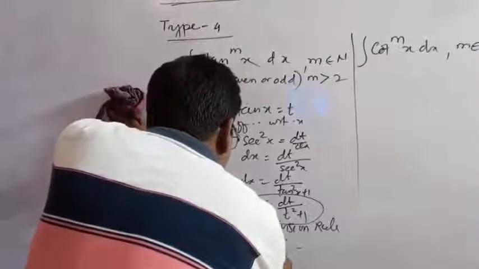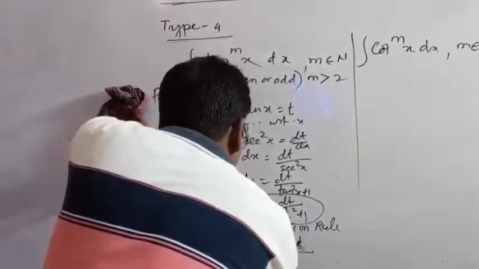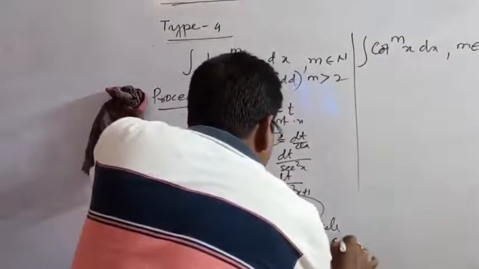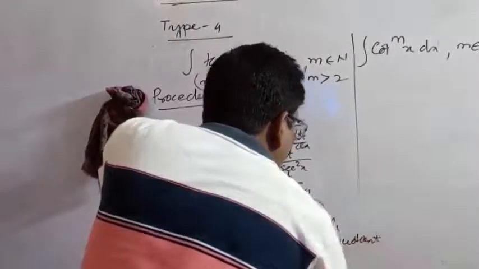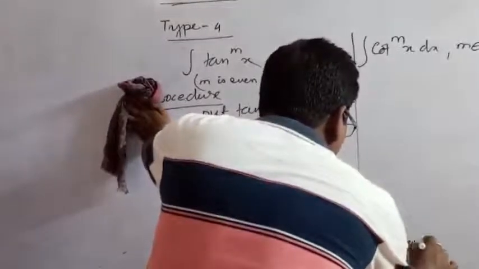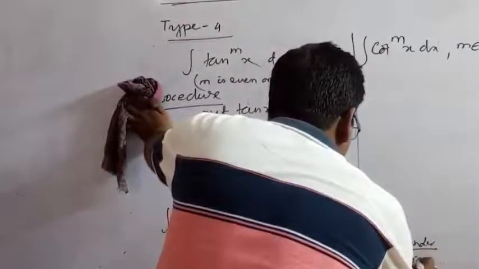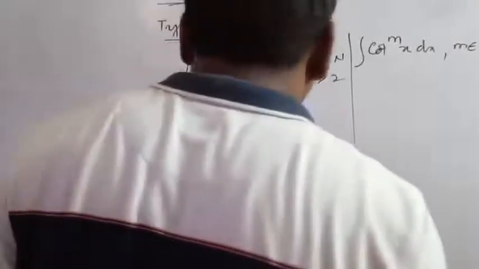Dividend by divisor is equal to quotient plus remainder by divisor. This is the division process.